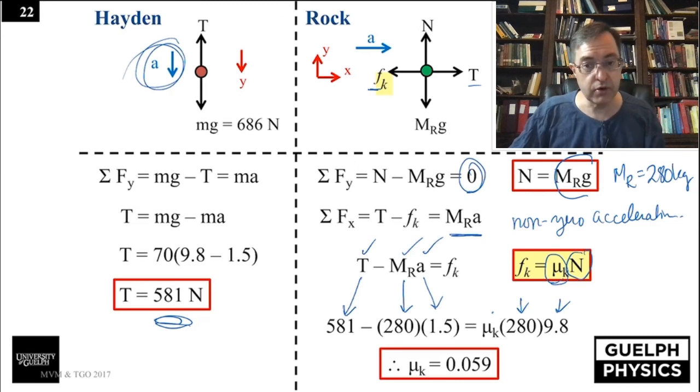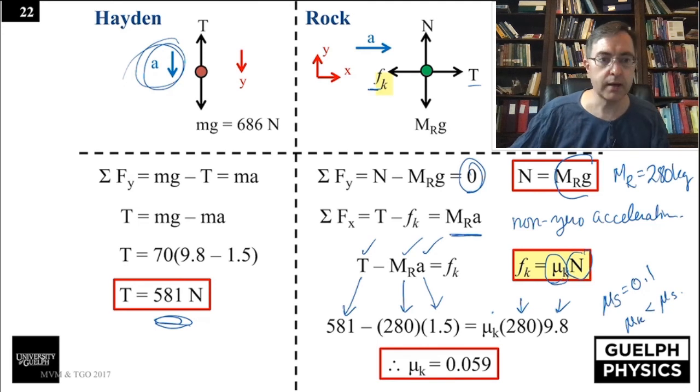I can solve for the coefficient of kinetic friction, and it is 0.059. Incidentally, remember the coefficient of static friction was 0.1, and here is a case where the coefficient of kinetic friction is less than the coefficient of static friction, which is not surprising because a wet, slippery rock is, well, slippery.